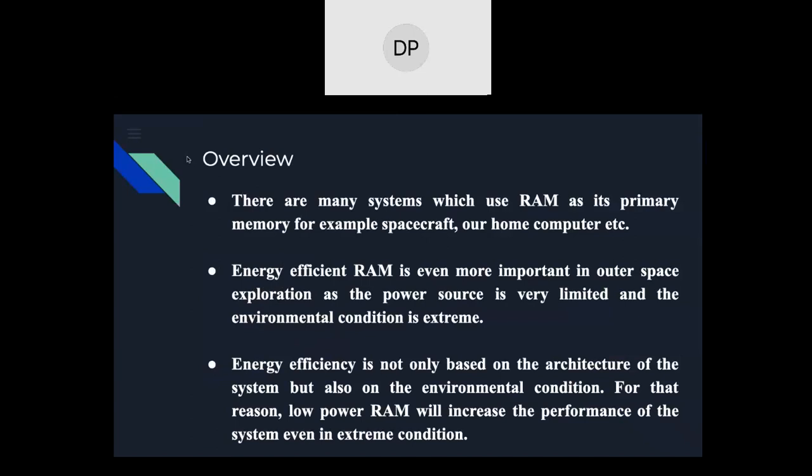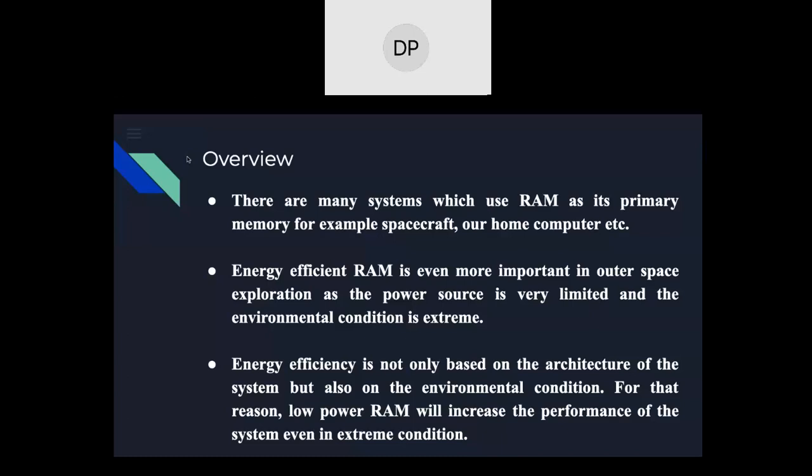Overview. There are many systems which use RAM as their primary memory, for example, a spacecraft, our home computer, etc. Energy efficient RAM is even more important in outer space exploration, as the power source is very limited and the environmental condition is extreme.